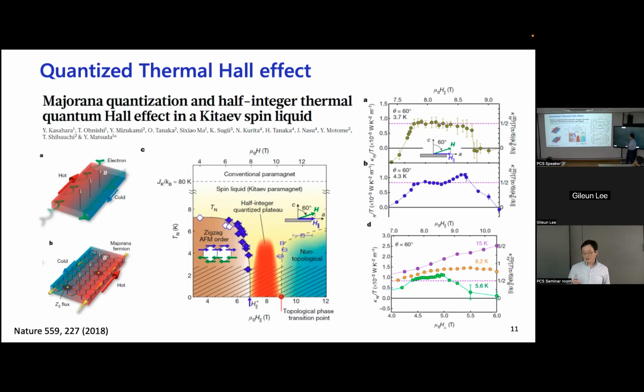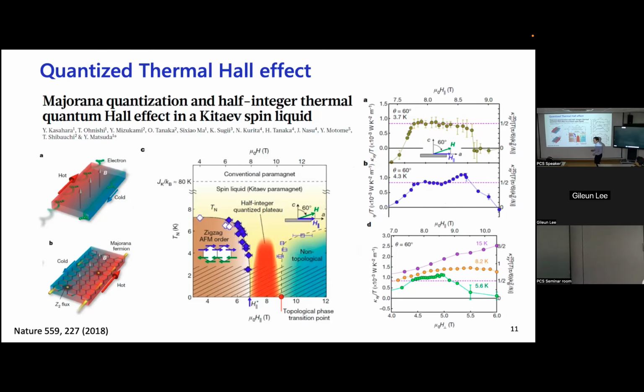So the most important thing here is that what they measured is kappa xy, the off-diagonal term of the thermal transport. And if you measure the Hall coefficient, then they have a plateau only in the region of this red region. So that's basically when they say that this is so-called half quantized.